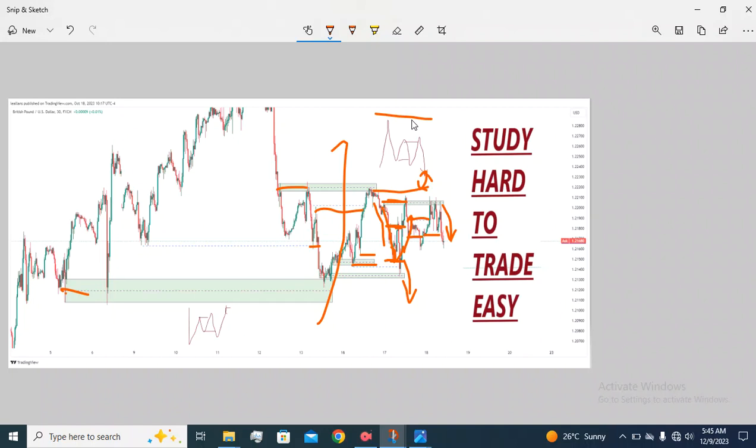So when you master your skill, you just open the chart. You just have to draw one line, two lines, place an order, wait for the order to be triggered. Losses are inevitable. When it hits a stop loss, that's the moment you learn and you see what you did wrong.